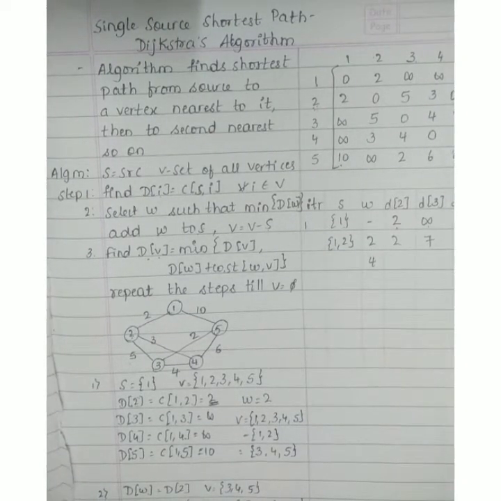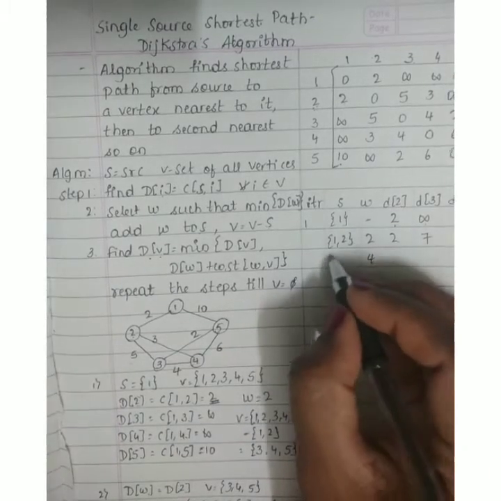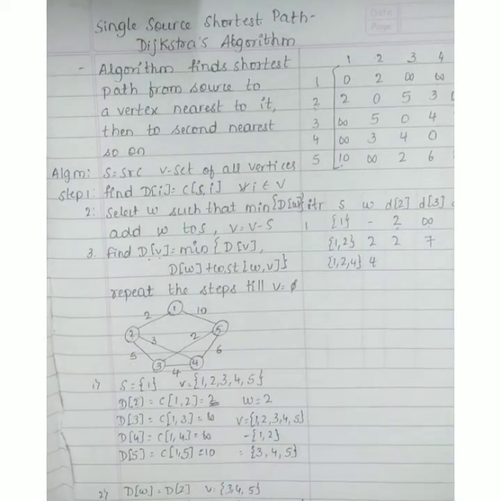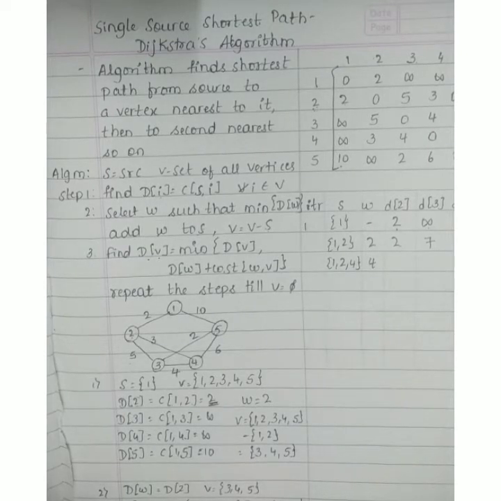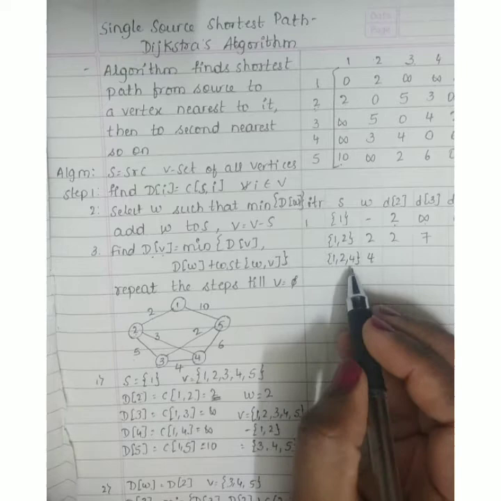Okay, so now we will be adding this w to s. So s is updated as 1, 2 and 4. Now v is v minus s. What is there in v now? 3, 4, 5 minus s. Now we have updated s, and 4 is included in s.